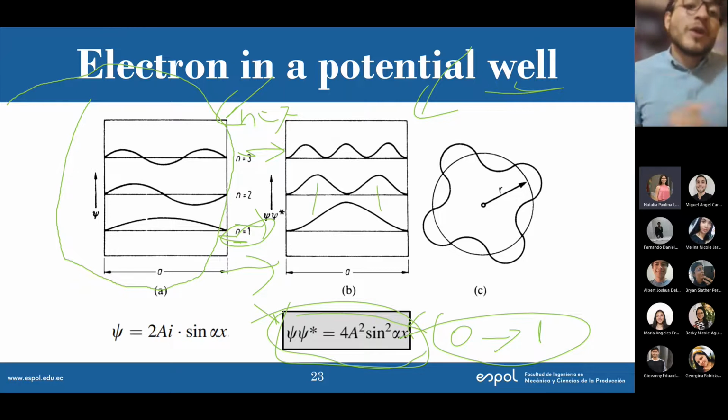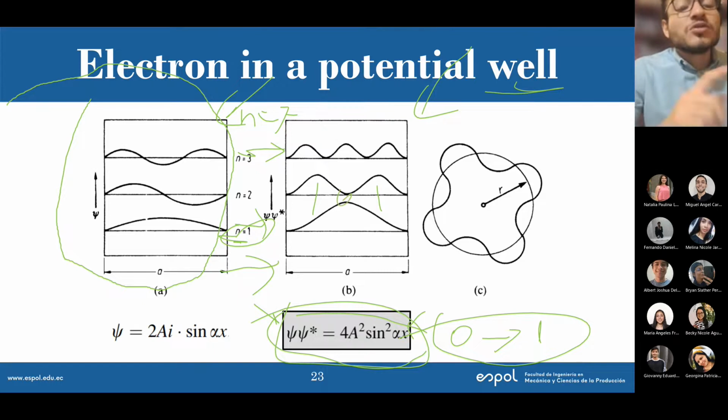And what's happening when alpha equals a half? Probability 0. Yes, and that's very important. So if I'm in level 2, the probability of finding an electron when alpha equals a half is 0.